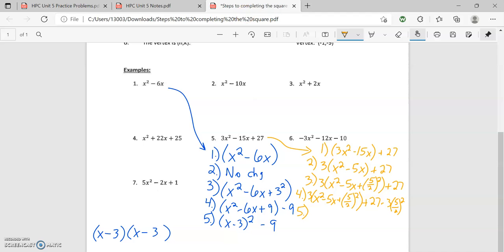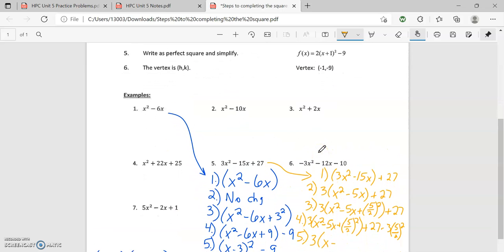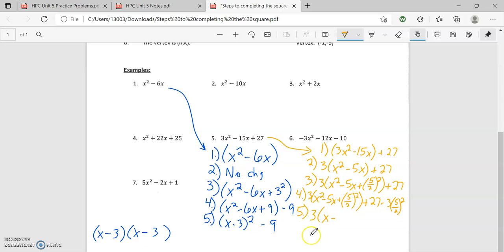When we go to simplify this, 3 times x minus, so remember we're writing step 5 here now. Sorry, I kind of skipped ahead to that. Write it as a perfect square and simplify. Well, writing it as a perfect square, here's your perfect square written out.